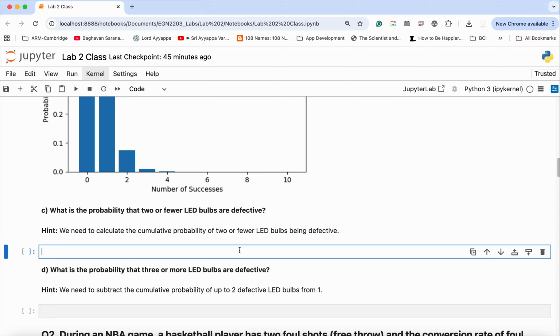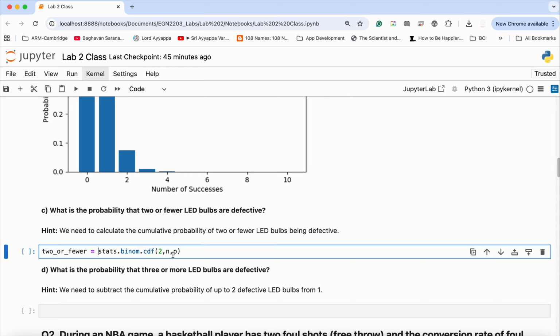So in this case, for example, I can say stats.binom.cdf for 2 and n and p, and I can say this is the 2 or fewer.